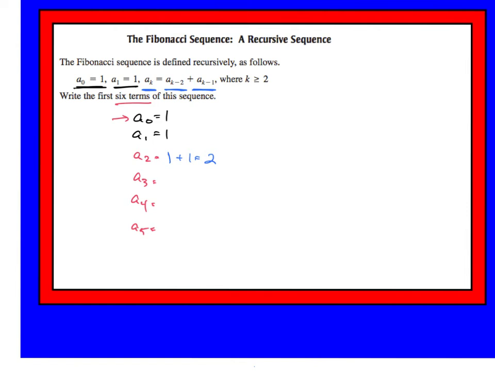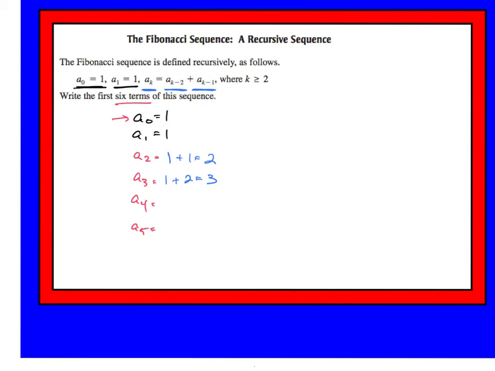So now I need to find a sub 3. Well, if I need to find a sub 3, that's really a sub 1 plus a sub 2. Well, a sub 1 is 1 plus a sub 2 is 2, so I end up with 3. If I need to find a sub 4, I just follow my rules. So a sub 4 is really a sub 2 plus a sub 3.